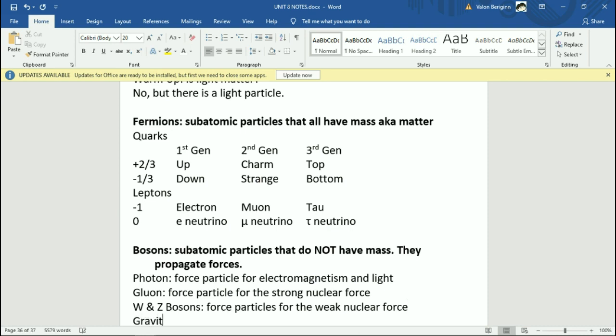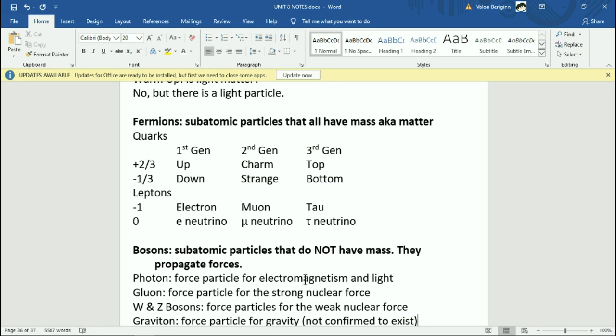Now, of course, we have one more force here. It's the graviton. The graviton is, as you can probably guess, the force particle for gravity. However, it's not actually confirmed to exist. What I mean by that is that every single model that we have for dealing with force particles like this says this should exist.